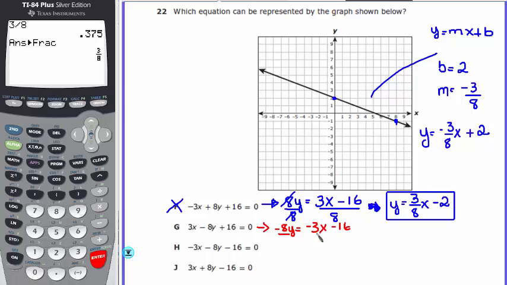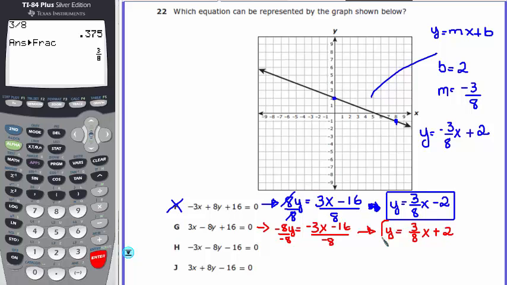Now we divide both sides by negative 8, so the y is alone because the 8 cancels. 3 divided by 8 stays as 3/8, and a negative divided by a negative becomes a positive, so 16 divided by 8 is 2.